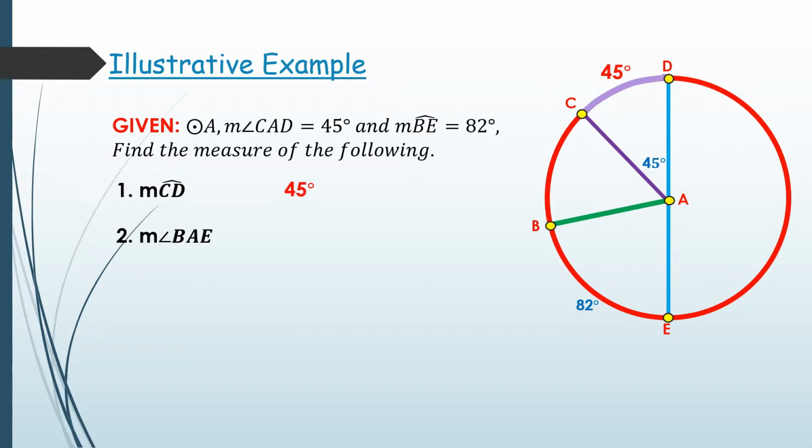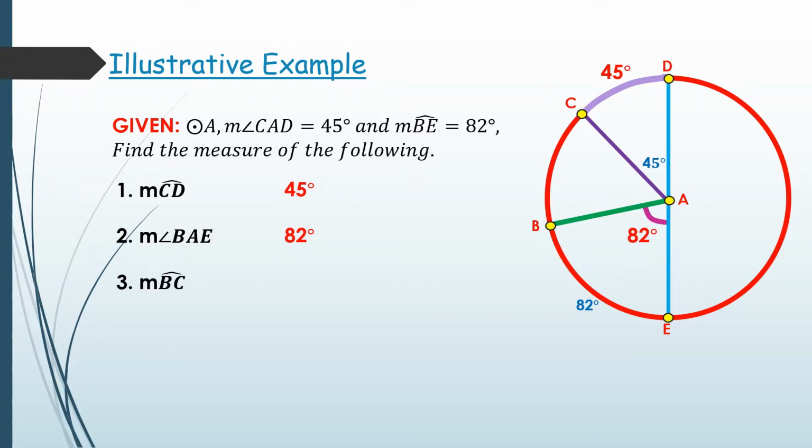Now let's have measure of angle BAE. Angle BAE is the central angle with intercepted arc BE. Since arc BE is 82 degrees, then measure of angle BAE is equal to 82 degrees.